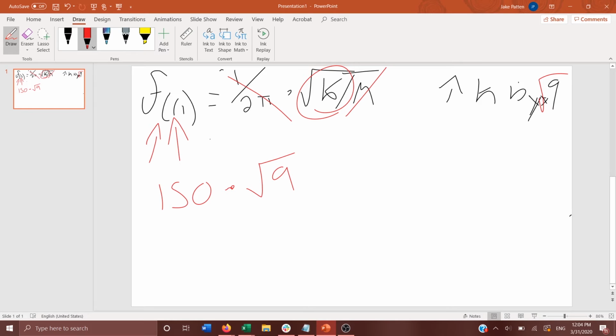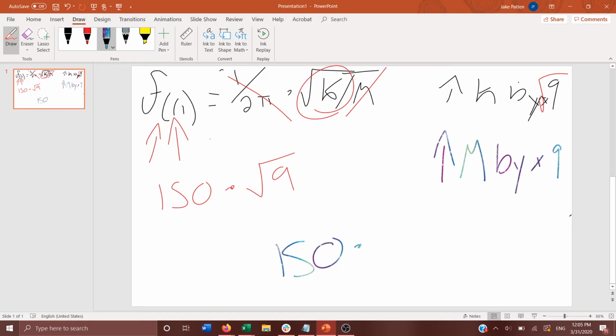So if it's K, you're going to multiply your frequency by the square root of 9. Now what if we increased M by a factor of 9? It's kind of the same thing. We take our base frequency, 150, multiplied by the square root of 1 over 9.